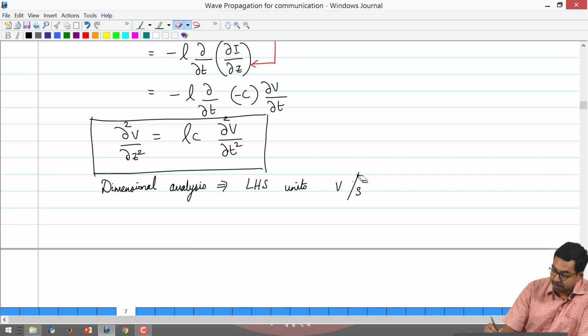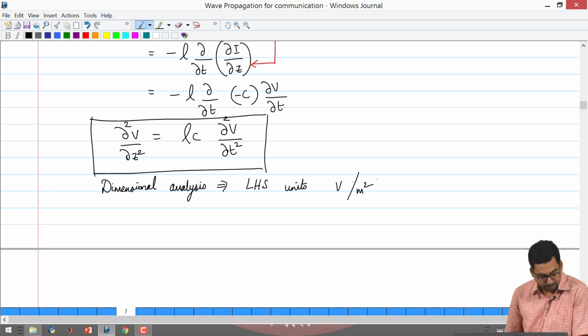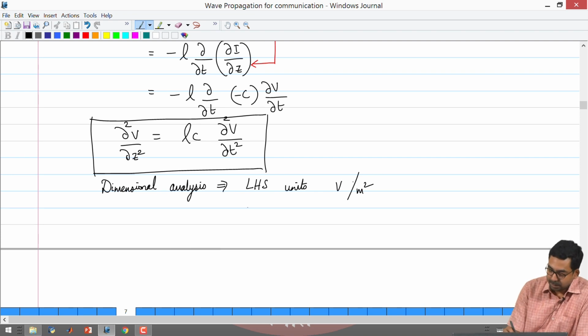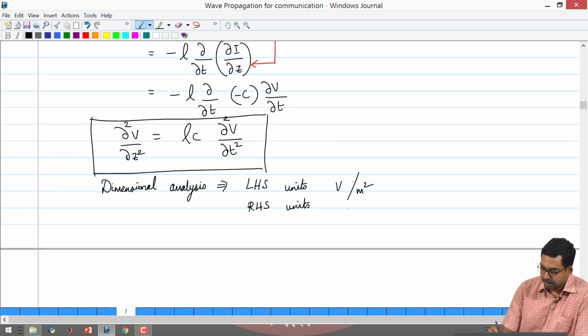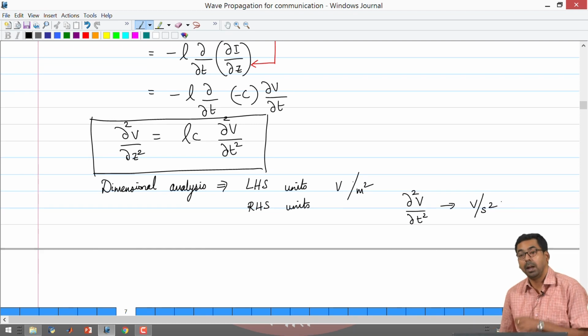This is volts per meter square. And on the right hand side, you are supposed to be having the same effective units. Dou square V by dou t square will have the units of volts per second square.